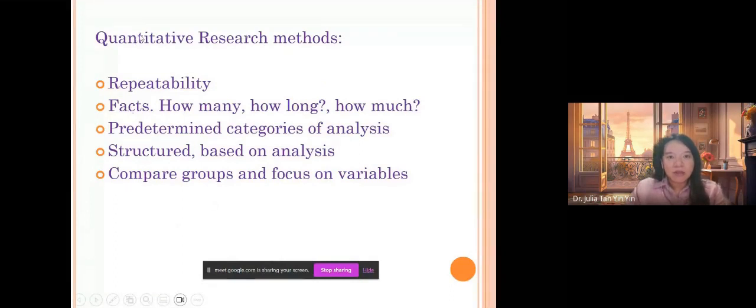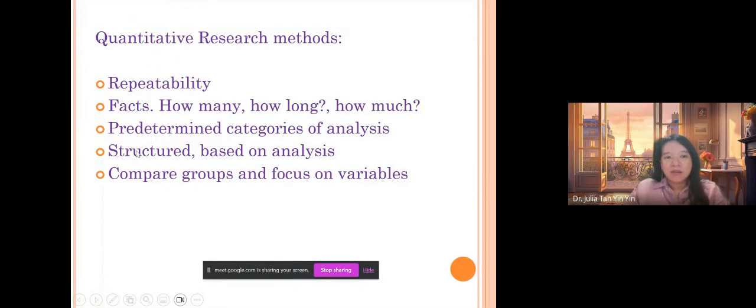Qualitative is not like quantitative research, because quantitative research is more about repeatability. It's more about facts and numbers, like how many people are there, how long they stay there, how much, and the quantity. Quantitative is quantity.